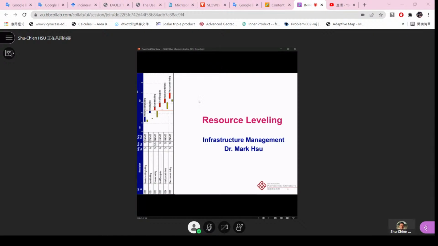Now we can start with today's lecture, the so-called resource leveling. The reason you probably need to pay even more attention is that in this section we will combine the schedule part and the cost part together, so that we can integrate all the resources and make a more complete schedule. For such a schedule, we don't only consider time, right?